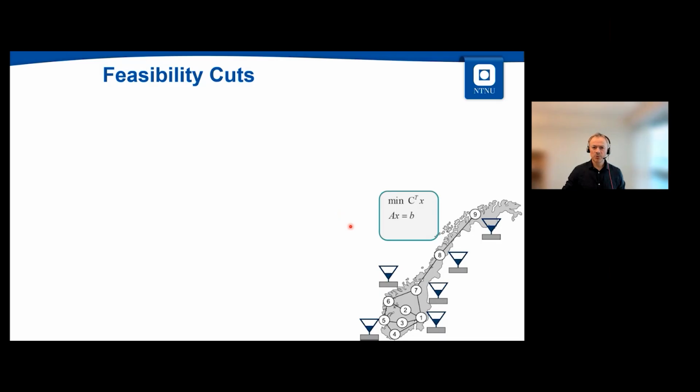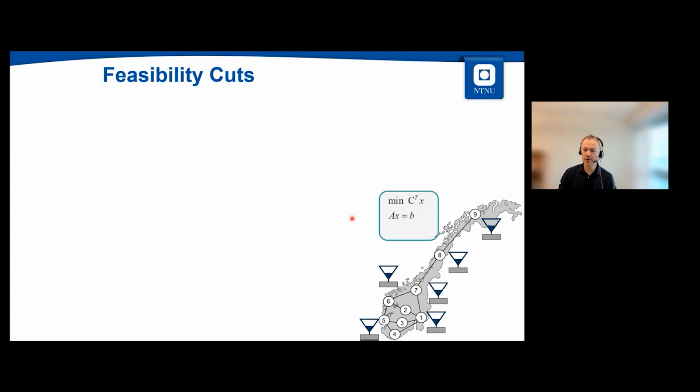And just to say a few words about one of the improvements compared to what we have been doing, and what we have been doing research on, is the so-called feasibility cuts or feasibility spaces to represent hydropower in an aggregated way as good as possible.